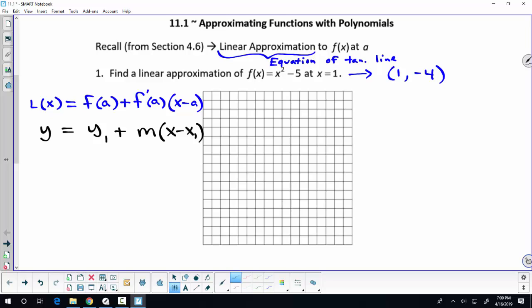If you reference it in the textbook from section 4.6, the linear approximation will take this form instead of the form we have written in black. So we find the derivative of our function, and then we evaluate our derivative at 1.